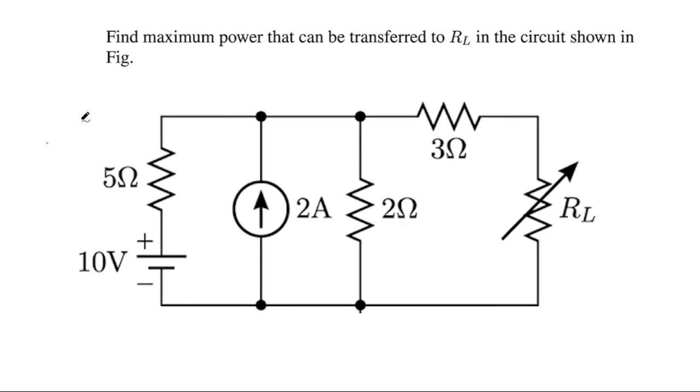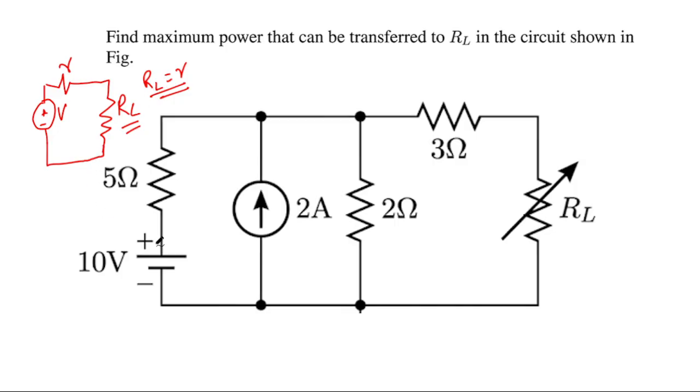If you have one source here, and you have a load resistance connected here, say this is the RL, and this small r is the internal resistance of that source, and this value is the V, then maximum power will be transferred when the RL is equal to the small r. So this is the statement of the maximum power transfer theorem.